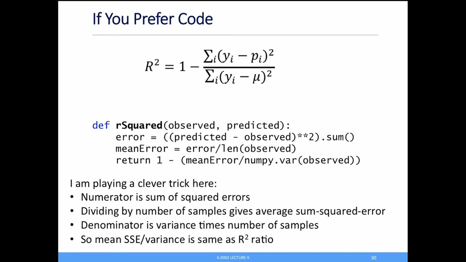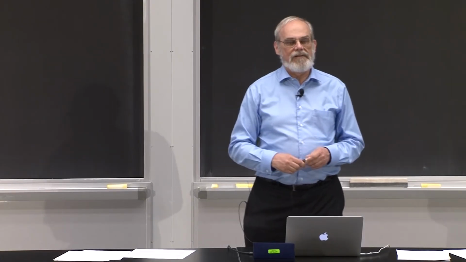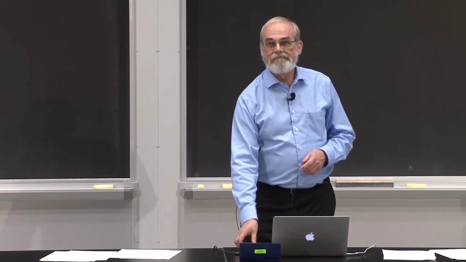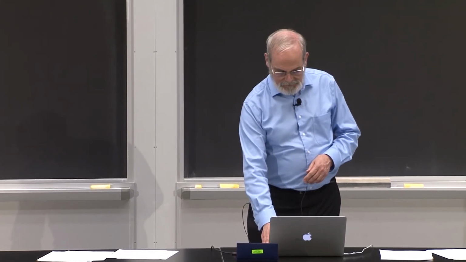So that's really nice. Right here I can say, get the variance, using the NumPy version of that, of the observed data. And because that has associated with it a division by the number of samples, the ratio of the mean error to the variance is exactly the same as the ratio of that to that. Little trick. This lets me save doing a little bit of computation. So I can compute R-squared values.